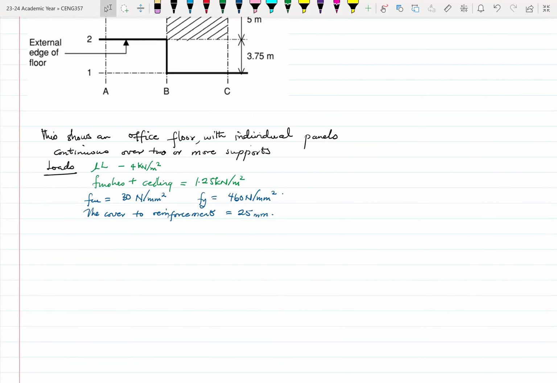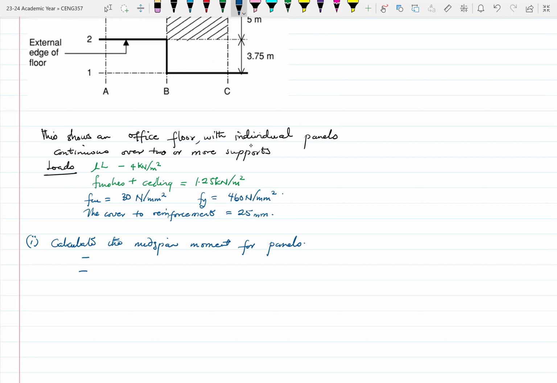So let's look at what to do. Let's calculate the midspan moment for panels.